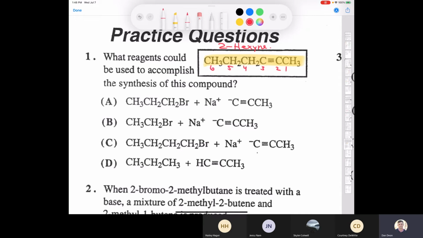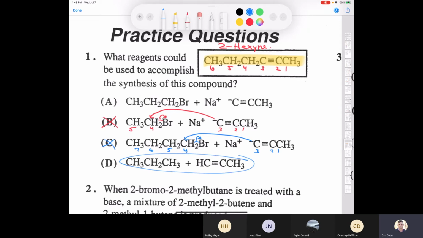Well, if you look at B, B is set up to do an SN2 reaction, right? If you were to do nucleophilic attack and loss of leaving group like this, but then you have 1, 2, 3, 4, 5 carbons, so that can't be it. If we look at C, similar thing, we're set up to do an SN2 like this. However, then we have 1, 2, 3, 4, 5, 6, 7. So that's got too many carbons.